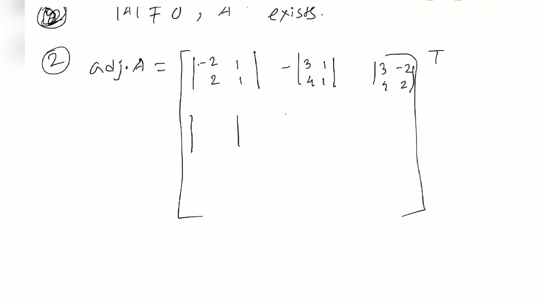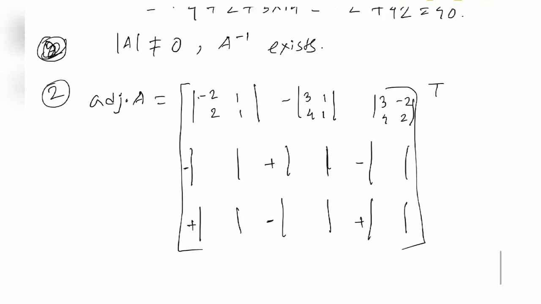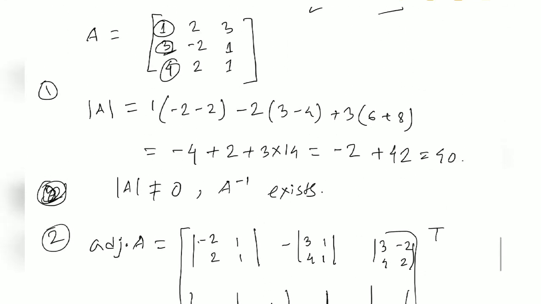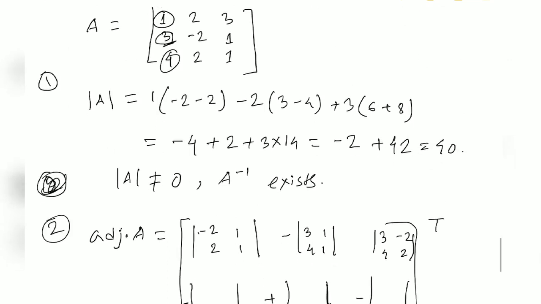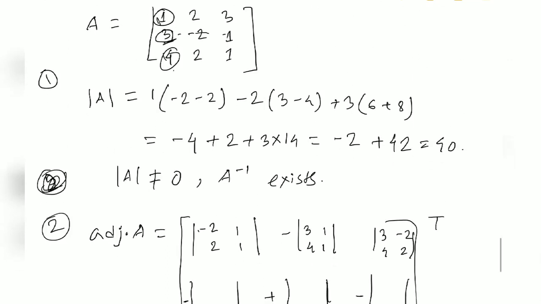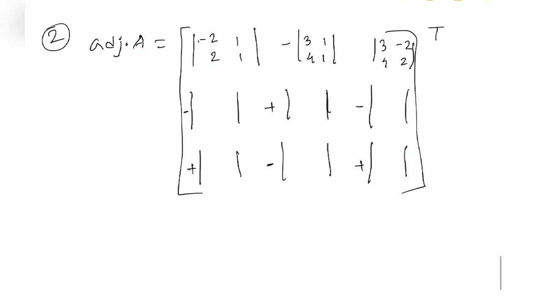Again, here you will have another one, with signs plus, minus, plus, and so on: another determinant with a negative sign, and then here a plus sign. Now let us fill this with the numbers. At this position, the cofactor of 3 is 2 3 2 1.